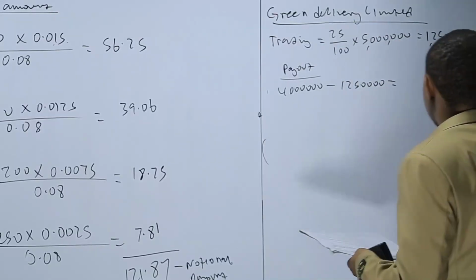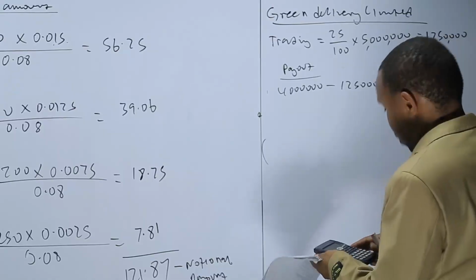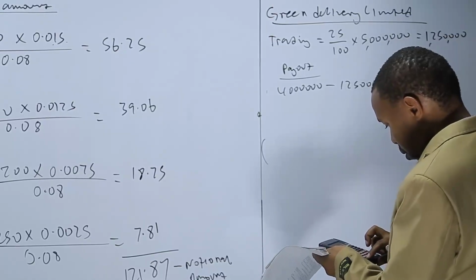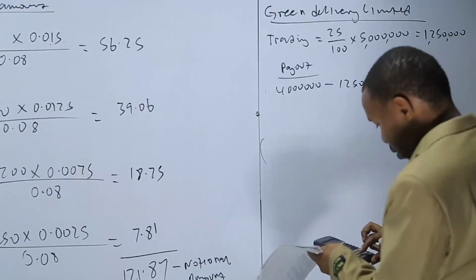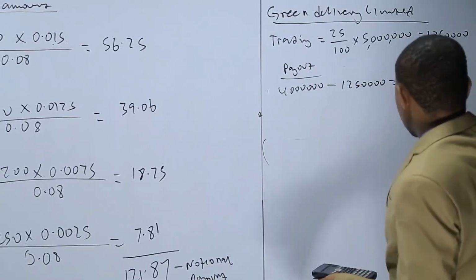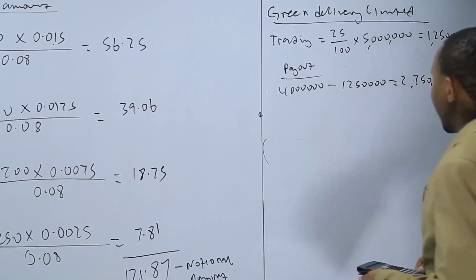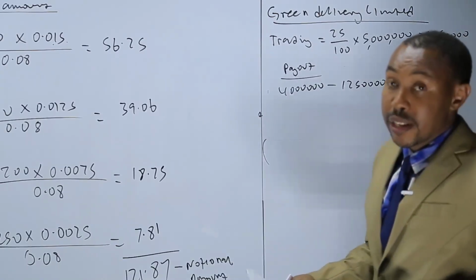I have the calculator here. We say 4 million minus 1,250,000. We get 2,750,000. That is the payout for Green Delivery Limited.